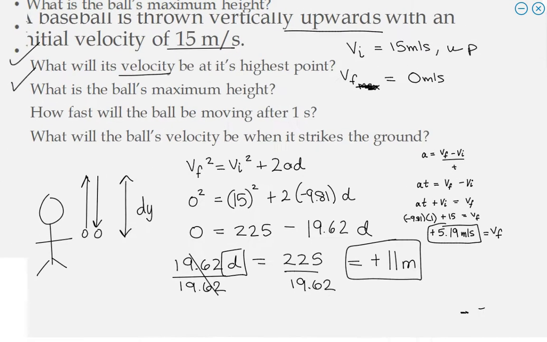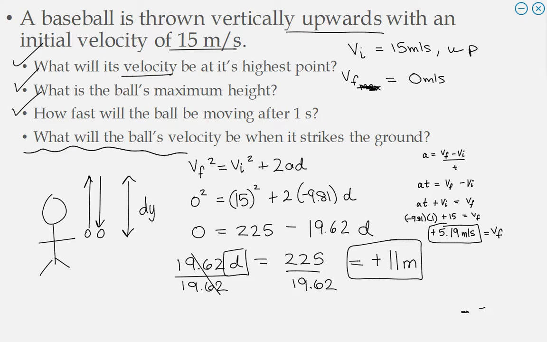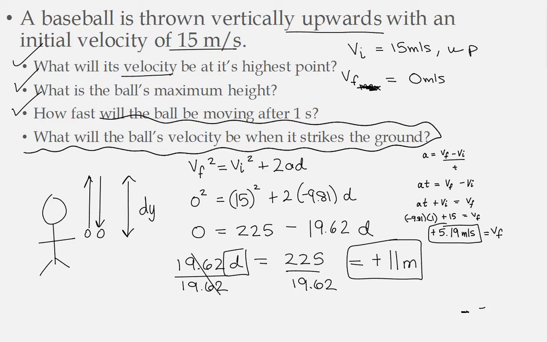Now, this last question, I just want to talk about how it's understood to be answered in this class. What will the ball's velocity be when it strikes the ground? You have to make the assumption that it lands where it was thrown. So it's exactly symmetrical.